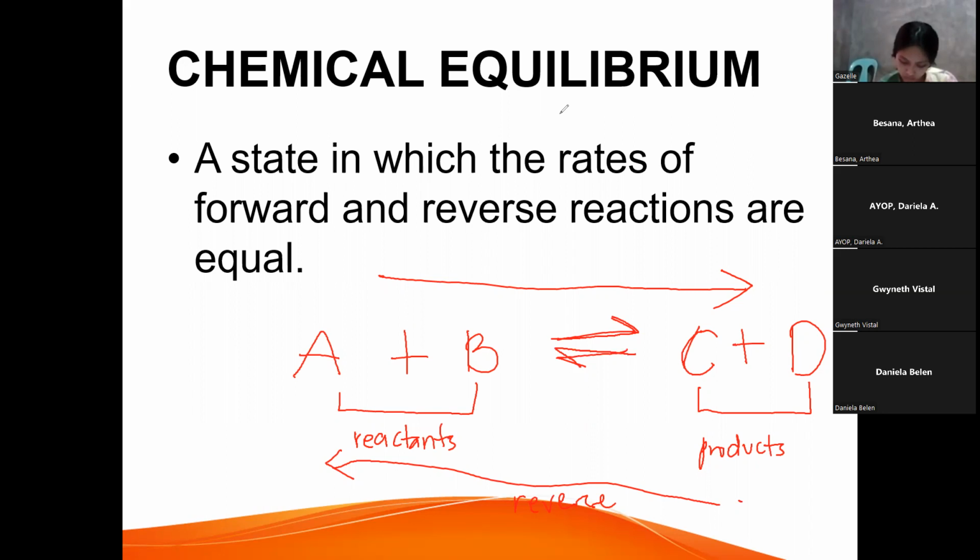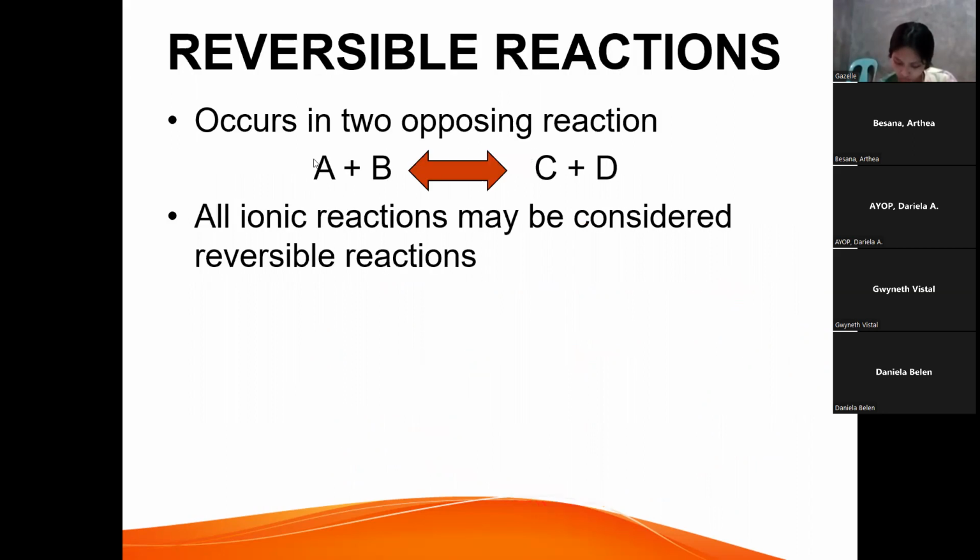Okay? Or mag-occur. That's what you call a chemical equilibrium. Okay? So ito yung aking example kanina. Meron tayong two opposing reactions.